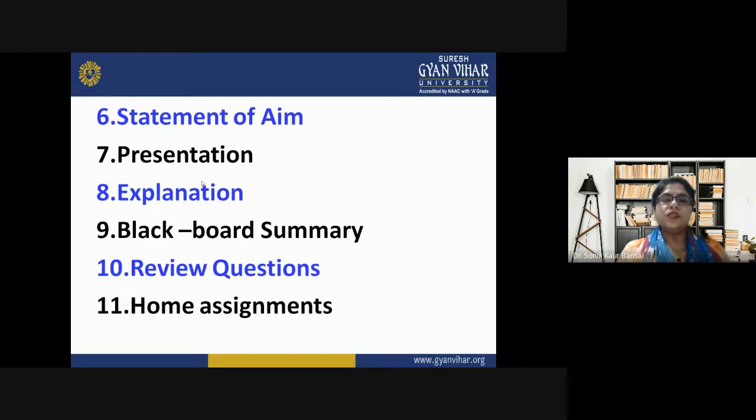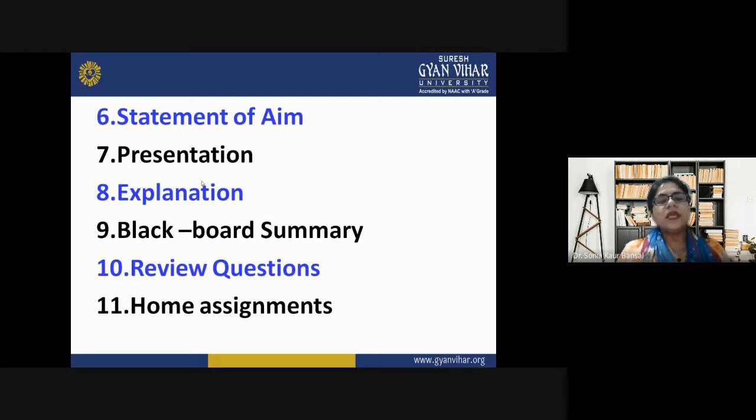Dear students, today we are going to study this chapter, prose, poetry, or grammatical chapter, or any composition, maybe letter writing, notice writing, essay writing, story writing, application writing, report writing, any of these. So the statement of aim makes it clear what you are going to teach on that particular day.